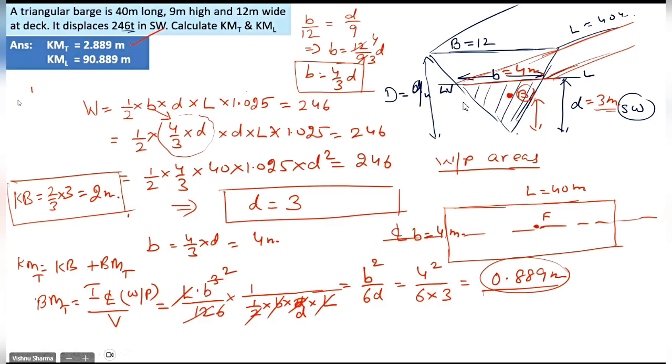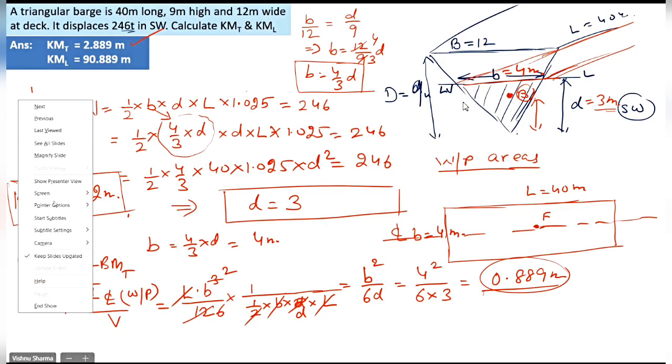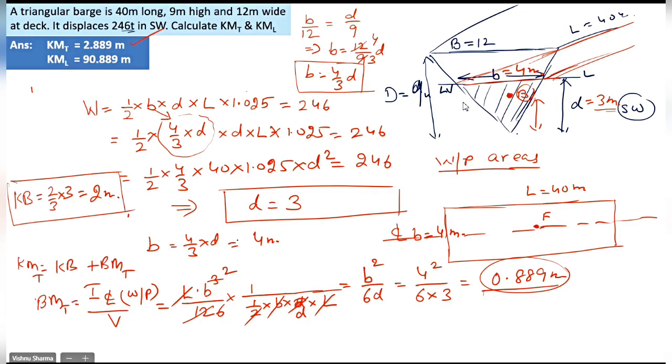Exactly like the previous case, in this case also, we will now draw the athwartship axis. This is the athwartship axis, I can call it FF. So what will be BML equal to? BML will be equal to moment of inertia of this rectangle about FF.